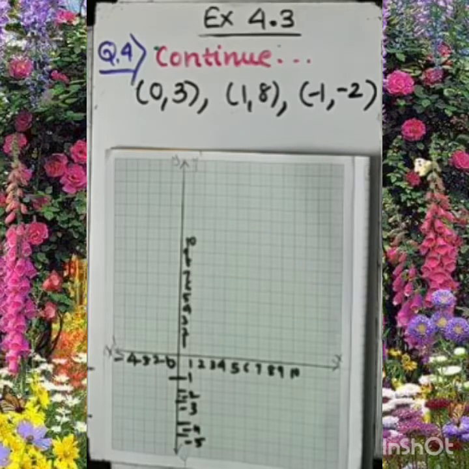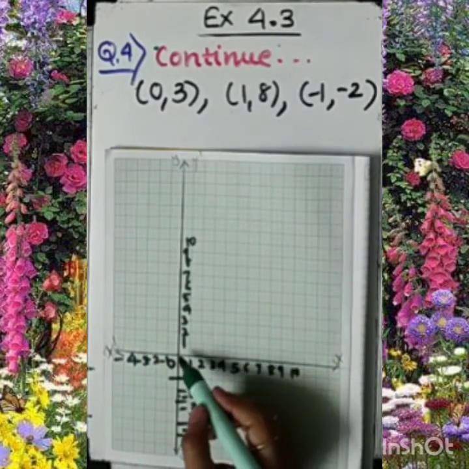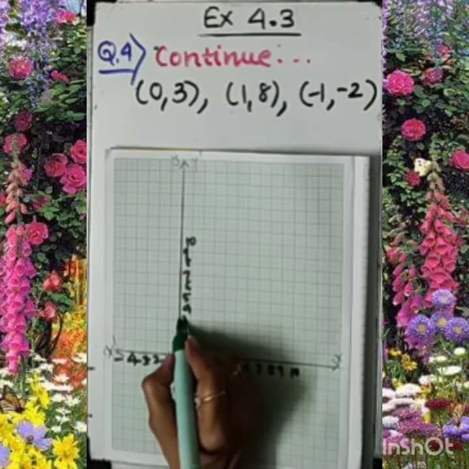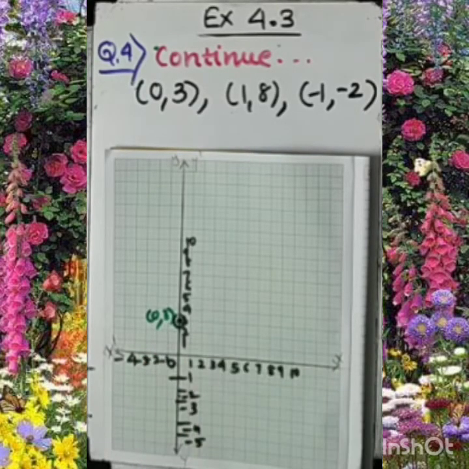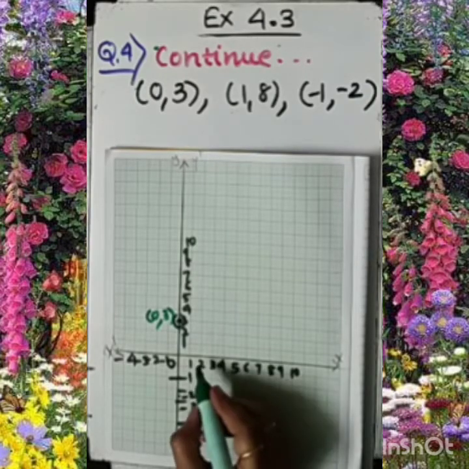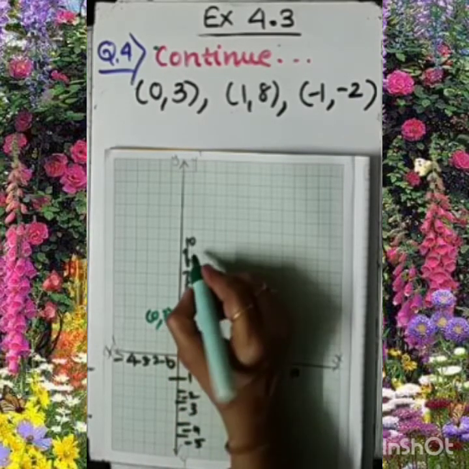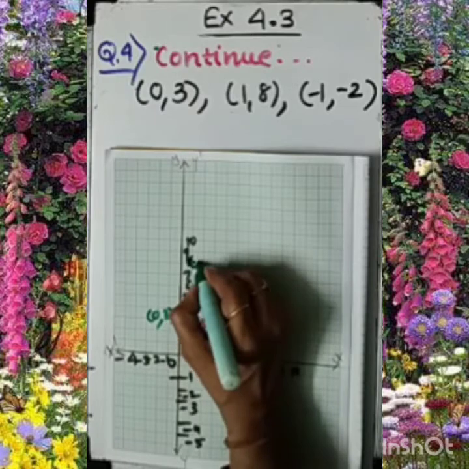These are the points which I have located on the graph paper. Now which point we have to locate? First 0, 3. As I taught you, 0, 3 will lie here somewhere. So let me note down 0, 3 here. 1, 8. 1 is on the x-axis and 8 will be on the y-axis. This is 8.